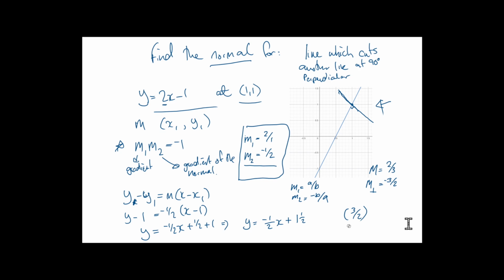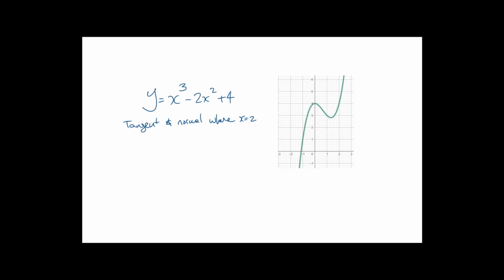But let's do some trickier examples. For this example, we want the tangent and the normal where x equals 2. In other words, we want the tangent to that line, which is going to be kind of there, and the normal to that line, which is going to be kind of like there, like that.